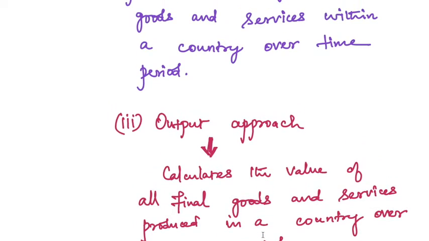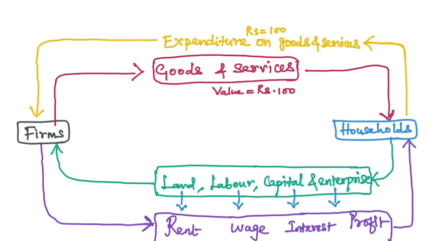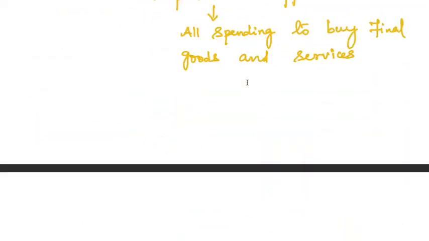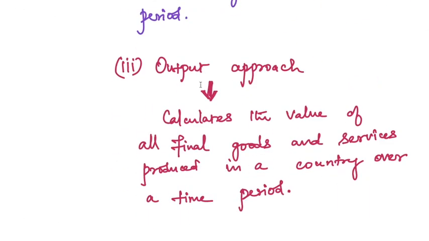So these are the three approaches, and this one is written in red color. If you have understood this part of the circular flow of income, it's easy for you to understand this output approach.